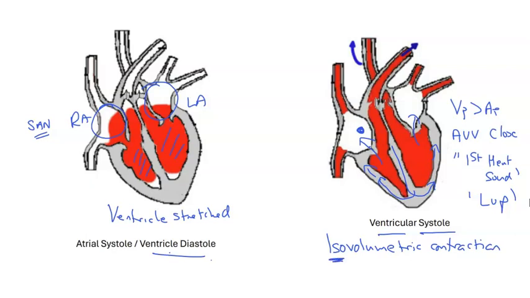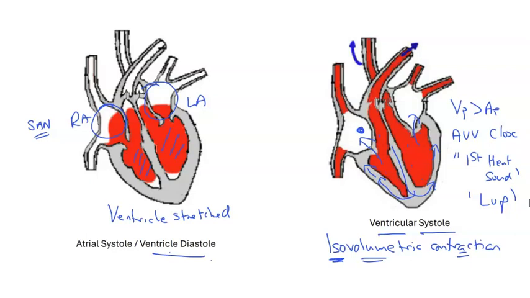Iso means same, volumetric, volume, and contraction. So the volume remains the same because the valves are all closed. There's no exit, there's no backflow, and the muscles contract and squeeze it, and the pressure rises radically.